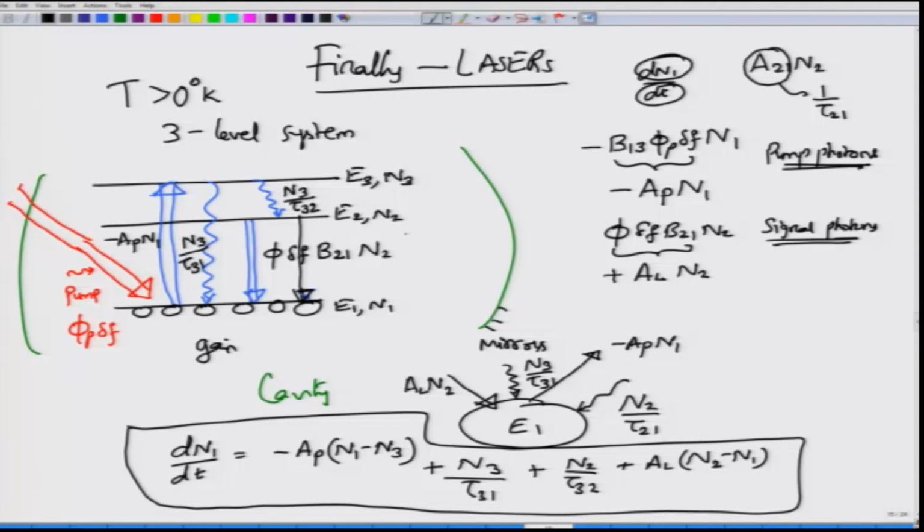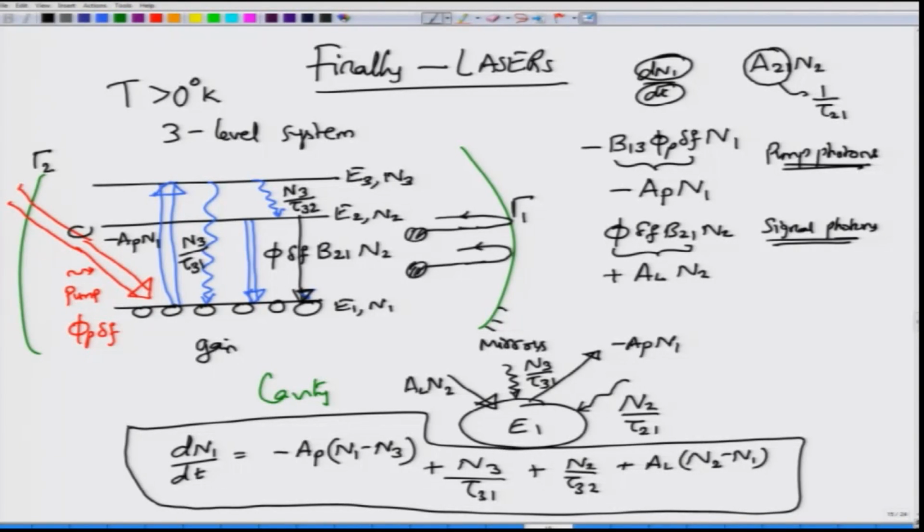Of course, what will happen is that these photons, which are now stimulated emission, would start to travel and hit the mirror. Assume that the mirrors have a reflection coefficient of, say, gamma 1 on one side and gamma 2 on the other side. Once they have hit the reflection, these photons travel back towards the gain medium, where they further cause stimulated emission to occur.